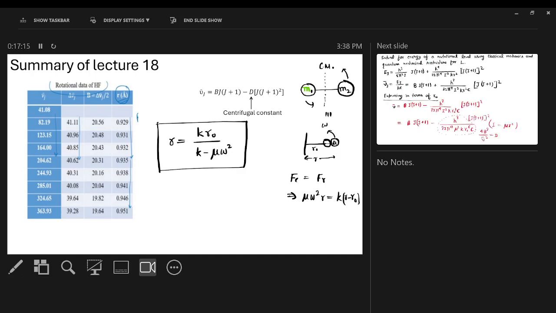Now coming to the summary of lecture 18. In the actual case, we are considering a molecule. Let's say we have a diatomic molecule that contains atom A and atom B. While rotating, we consider this bond as rigid.